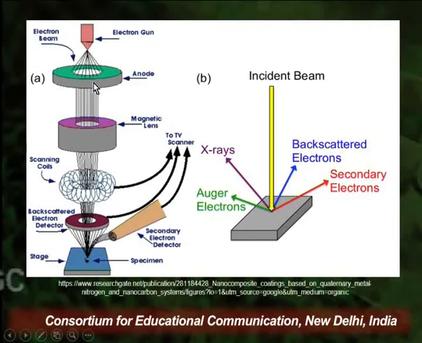These electron beams pass through magnetic lenses generally made up of copper and other transition elements. These magnetic lenses focus the electron beam towards the sample, and before it reaches the sample, there are other scanning coils and other types of lenses which further intensify these electron beams. And these scanning coils and other lenses are also attached to a TV scanner.